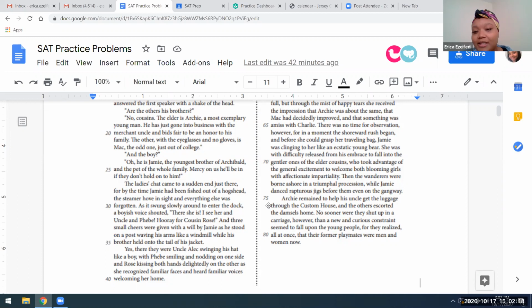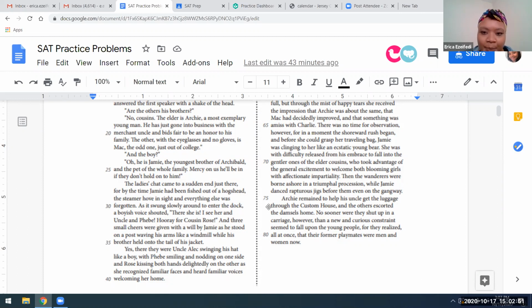So again, this last paragraph that we dissected last week really shows how everything has shifted into a negative territory, because the rest of the passage up until that point is pretty positive. The cousins are responding very positively to each other.